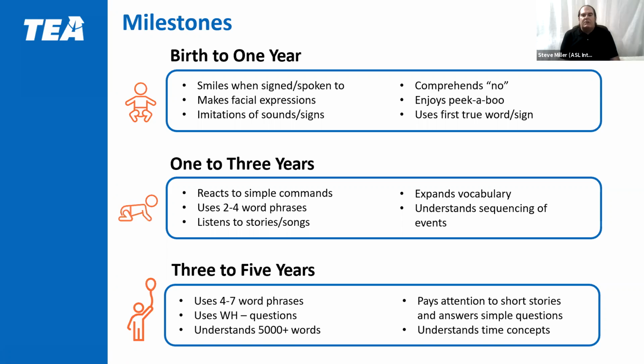Typically, their first word comes about the same time, whether you're using sign or voice. This is not a full list of the milestones. These are typical examples of what we're seeing in the hearing and the deaf child.